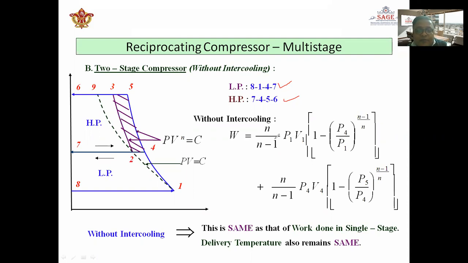The formula for the required work done is n upon n minus 1 P1 V1 times 1 minus in the bracket P4 by P1 to the power of n minus 1 upon n, plus n upon n minus 1 P4 V4 times 1 minus P5 by P4 to the power of n minus 1 by n. This is the same as the work done in the single stage. Delivery temperature also remains the same. This is called without intercooling.